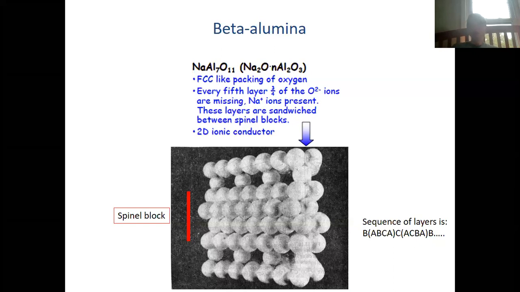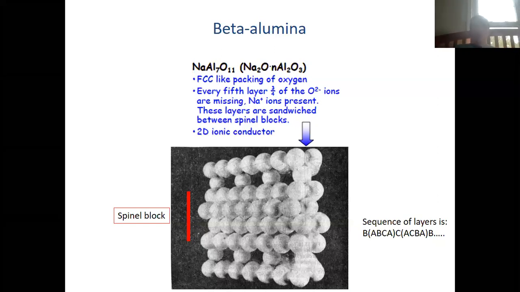Therefore, beta-alumina is actually a misnomer because alumina would imply the composition Al2O3. Originally, it was believed that beta-alumina would only contain aluminum and oxygen, and only after it had been named, it was discovered that it also contains sodium, but the name just remained the same.